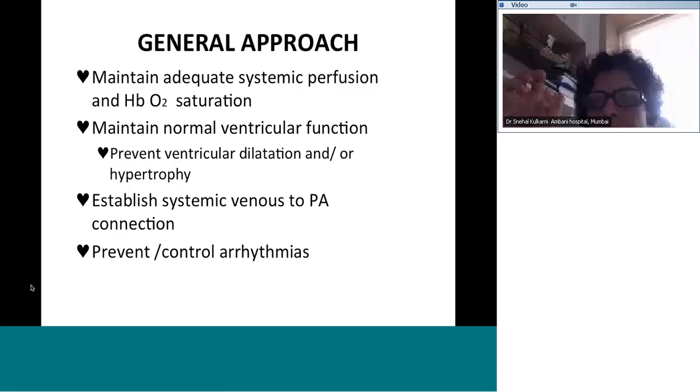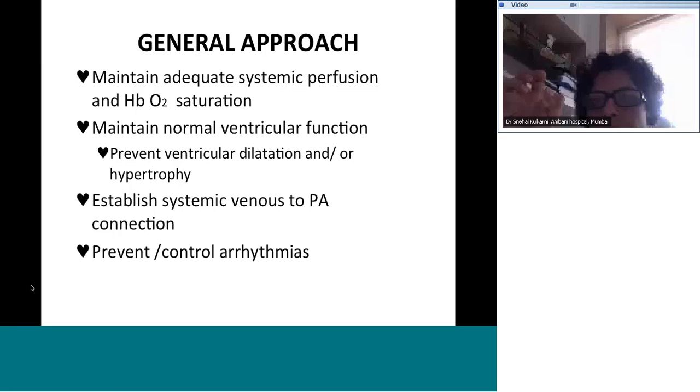And each of these variables is very important. And therefore, even if the patients sometimes are relatively asymptomatic, you have to act appropriately at appropriate time and age of the patient.